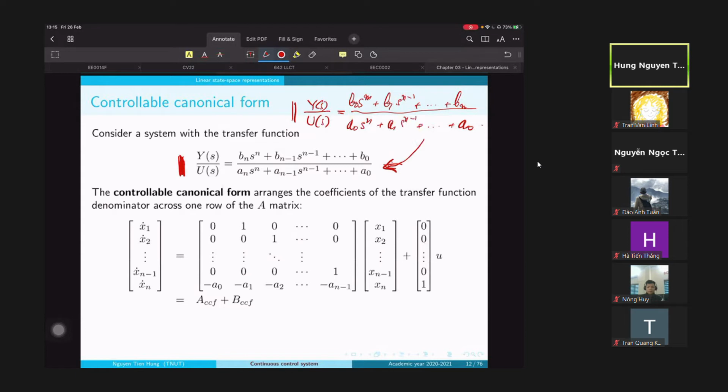The slides on my website are slightly different, and I will update them later. You can follow this one. Don't worry about it.